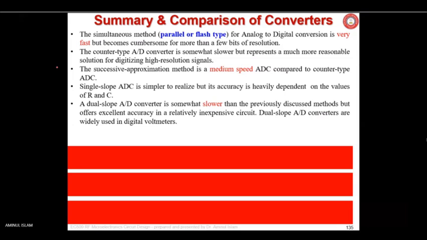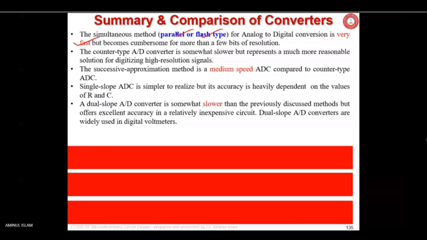The simultaneous method, or parallel or flash type of ADC, we have already discussed. This is the fastest one, but it has a lot of disadvantages.